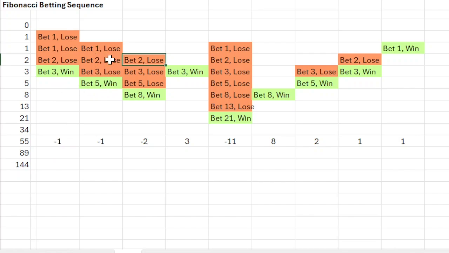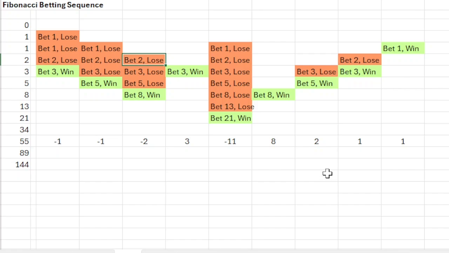And for this particular series here, until and including my win, I'm at -1. For this particular series, I'm at -2. This one I happen to win right away, so I gained 3 units. This one here, my net for that is -11, +8, and so on. And if you were to add all of these up, what you would find is that it sums to 0.